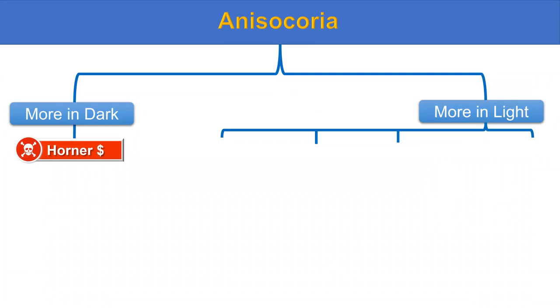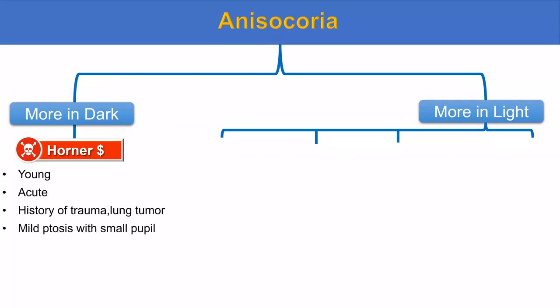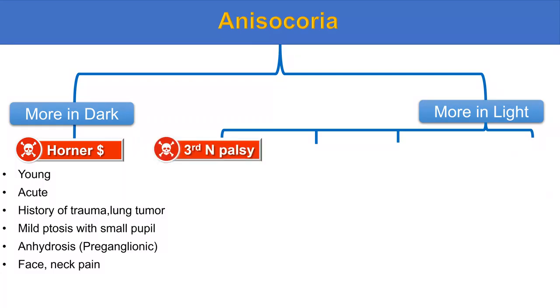Think of the critical or life-saving reasons, such as Horner syndrome, which causes anisocoria more in dark, especially if the patient is young with acute Horner, with a history of trauma or lung tumor, if there is mild ptosis with a small pupil, anhidrosis, or facial pain or neck pain, which will make you think of Horner syndrome.